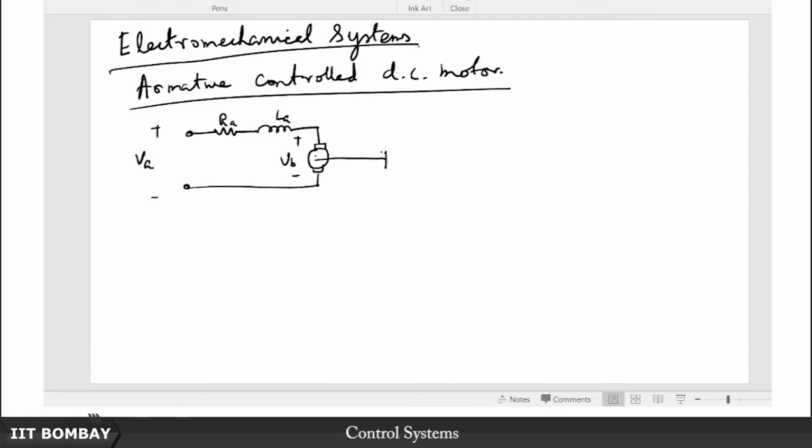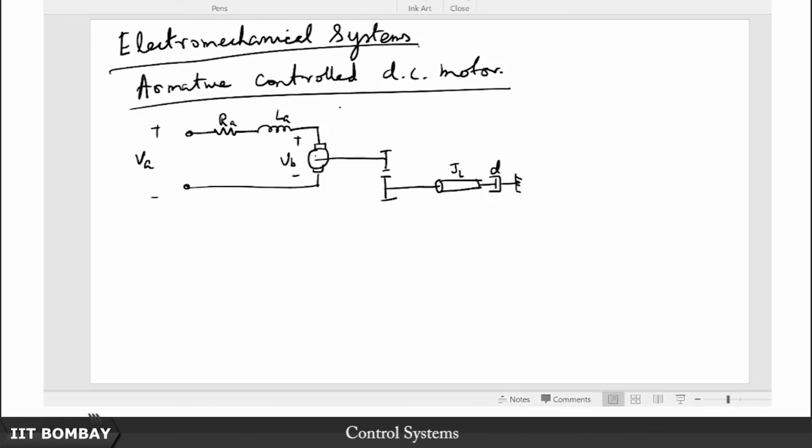Across the other end of this gear assembly, you have your load connected, let's say J_L, connected to the datum via a dashpot, like so. So this is overall the assembly.